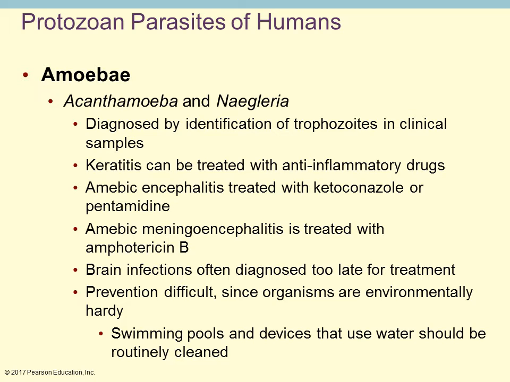If you are swimming in a swimming pool, obviously that water needs to be cleaned and maintained on a very regular basis. Samples should be taken to make sure that your cleaning process is effective. If you're swimming out in the environment in a pond or something, right now I guess the best advice would be keep your mouth closed.